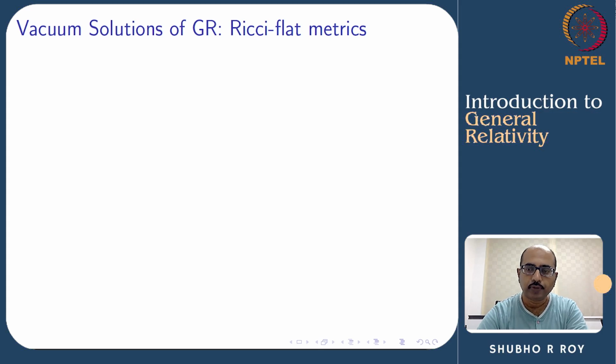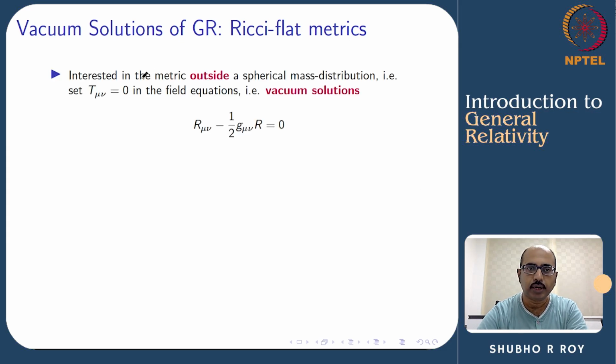All right. So the first thing I mentioned was that the vacuum solutions of general relativity represent Ricci-flat metrics. So let me first define what we mean by vacuum solutions. In this case we are interested in the metric outside of a spherical mass distribution, because we are outside the mass distribution, the T mu nu at that point in the field is 0.